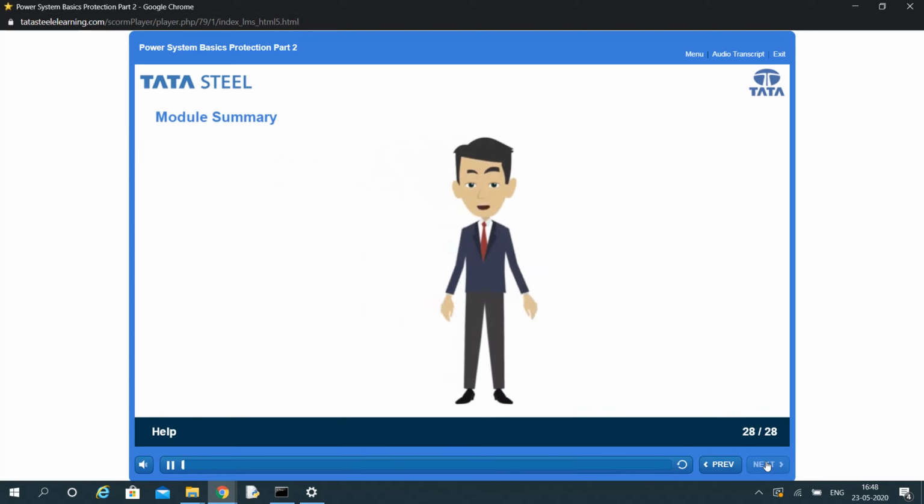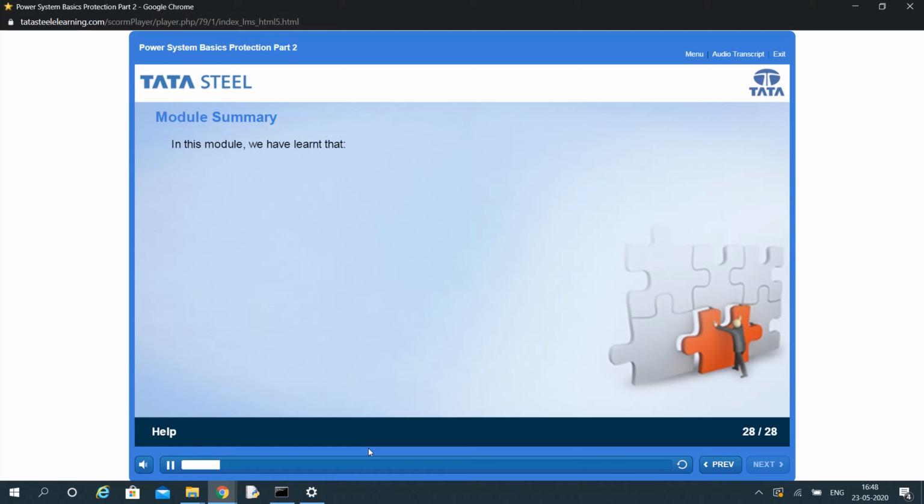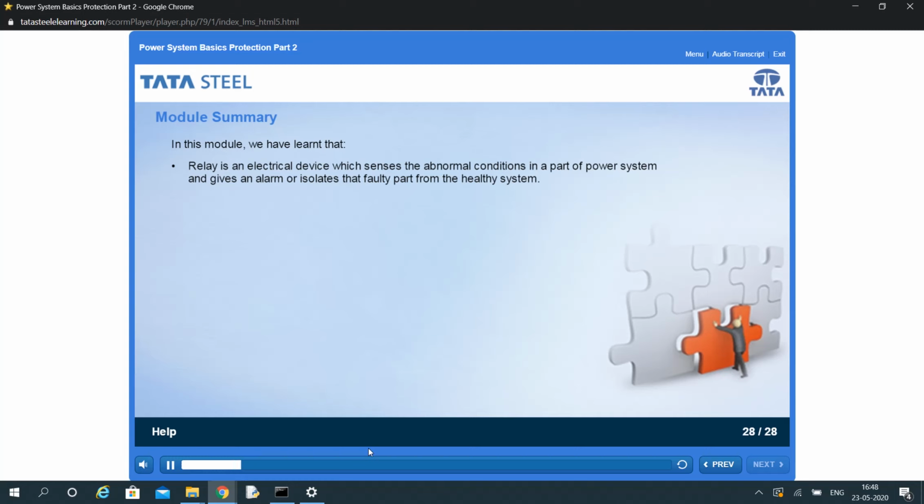We have come to the end of Power Systems Protection Module 2. Here is a quick recap of the key points discussed in this module. In this module, we have learned that relay is an electrical device which senses the abnormal conditions in a part of power system and gives an alarm or isolates that faulty part from the healthy system.